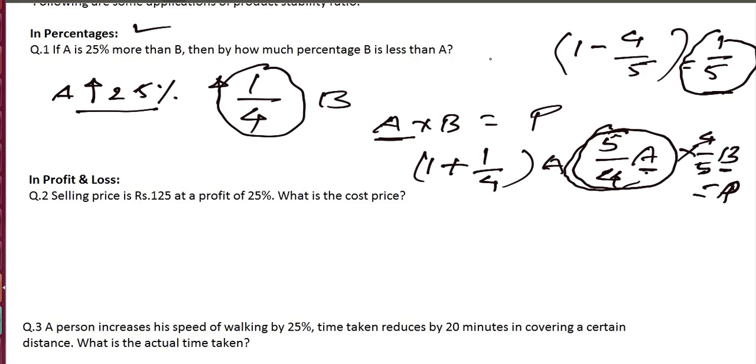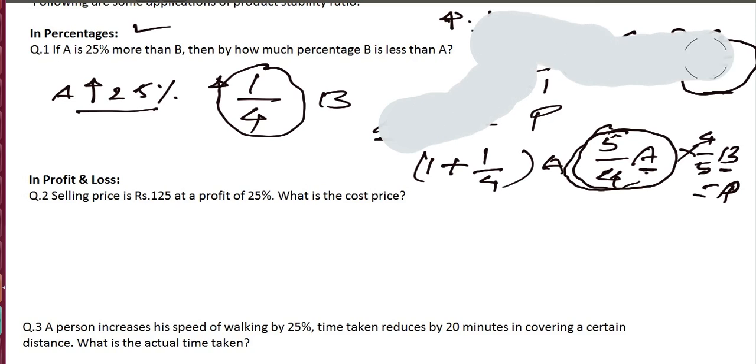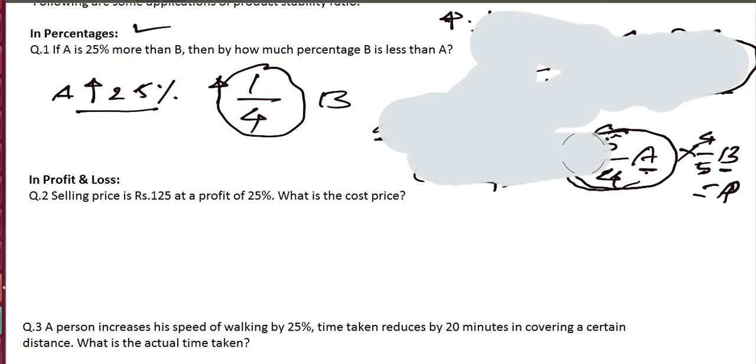So in general, if A increases by 1 by n, if the increase is by 1 by n, so the decrease has to be by 1 upon n plus 1. So let me make some space here. So if A is increasing by 1 by n, B has to be decreased by 1 upon n plus 1.